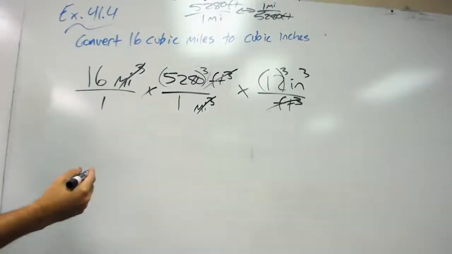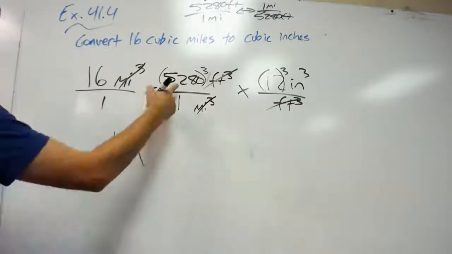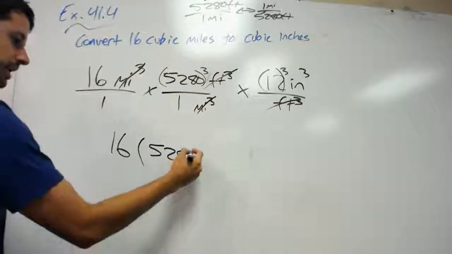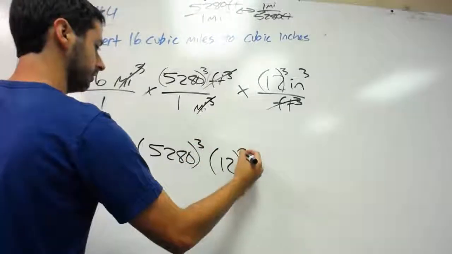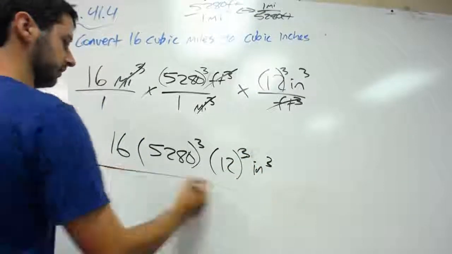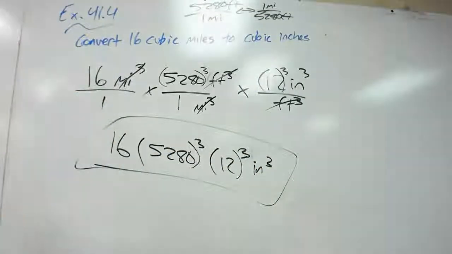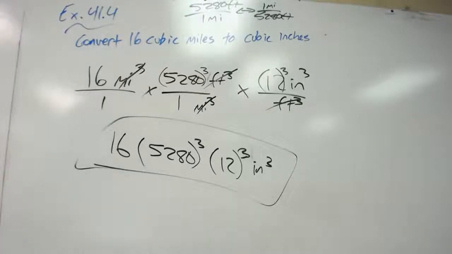So you could say 16 times 5,280 cubed, make sure you remember that, times 12 cubed, inches cubed for your answer. And you can leave it like that, because if you multiply all that, that's going to be a very large number, and we're going to pass on that one. But that's how you do unit multipliers, and that is all there is to lesson 41.